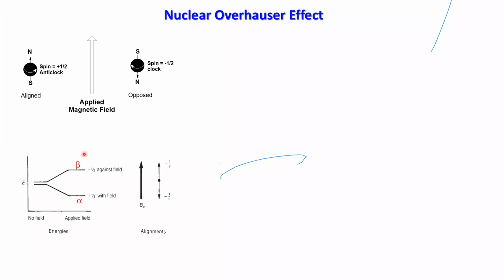Now that means for one nucleus in a magnetic field, it will have two different energy levels. Certain nuclei at room temperature will occupy the lower energy state, and a lesser number will occupy the higher energy state. And that we call the Boltzmann distribution.